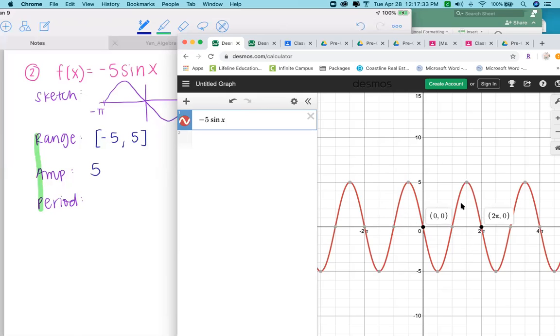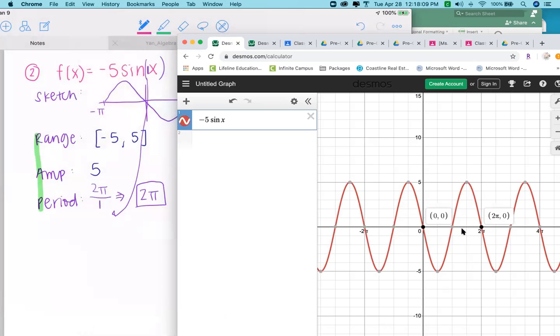So every 2 pi, there's a new cycle. That's why our period is just 2 pi. That's from the graph way. I can show you the formula way. You would notice that right here there's an invisible 1. I'm gonna put that 1 at the bottom of 2 pi, and my answer will just be 2 pi. That's how you find period if you don't really understand how to read the graph for period. Okay, so that's it for number 2.